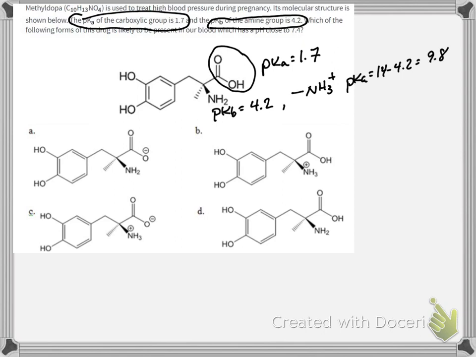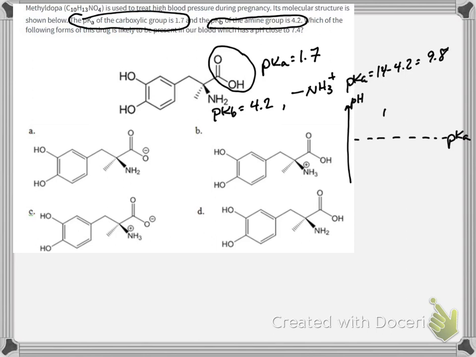Now that's really going to help us analyze the data, because we see that the pH at 7.4 is more basic than the carboxylic pKa, but more acidic than the amine's pKa. So let's take a look at what that means. We could draw a dashed line at the pKa.